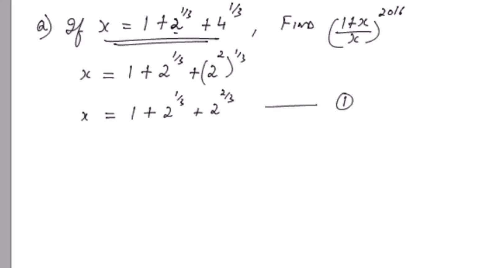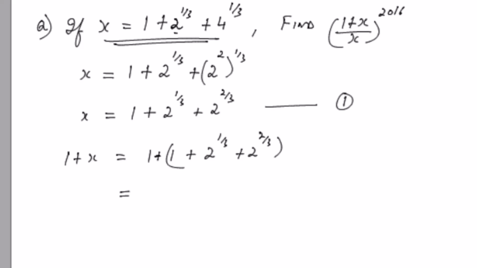Now, if we have to find out 1 plus x, we just have to add another 1 over here. And then we have this expression as it is, 1 plus 2 to the power 1 by 3 plus 2 to the power 2 by 3. This whole thing is there as it is, and here we are having a plus symbol. So what does this get simplified to?